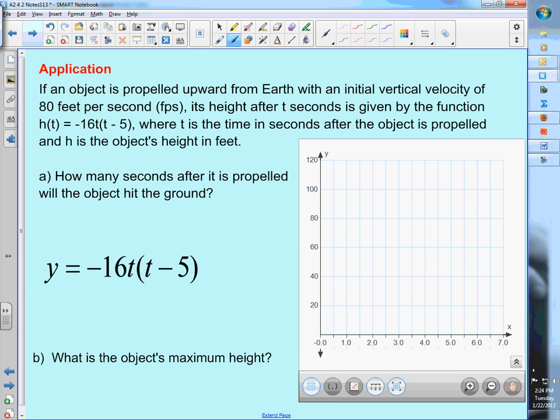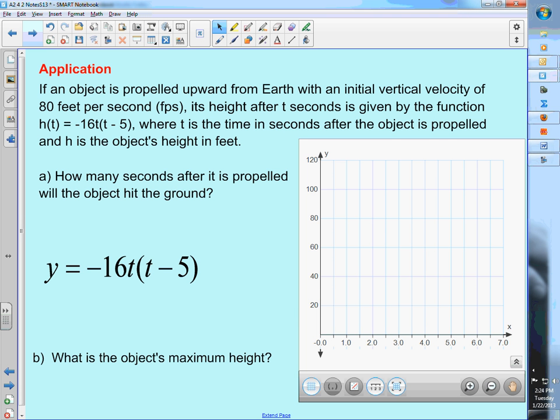The last one is, and I changed this problem, I didn't like the way it was worded, so I changed it a little bit because of how we deal with this function. An object is propelled upward from the Earth with an initial vertical velocity of 80 feet per second. So the angle at which this object is launched, whether it goes straight up or at an angle, doesn't matter.